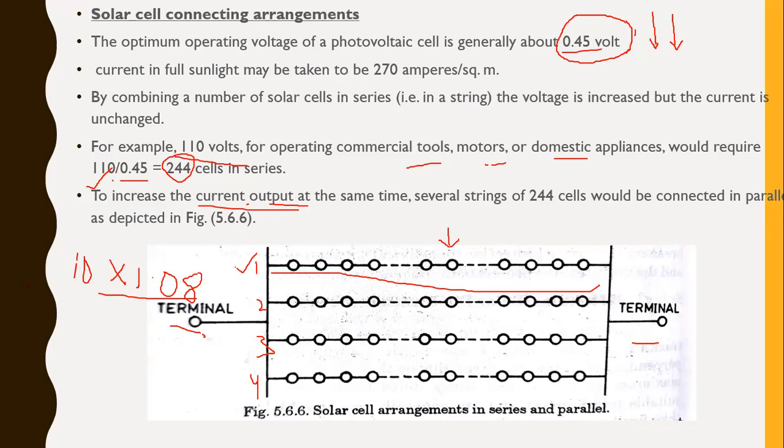Okay, so 110 volts means the produced power is 12 kilowatts. This is the arrangement of solar cells in series or parallel.